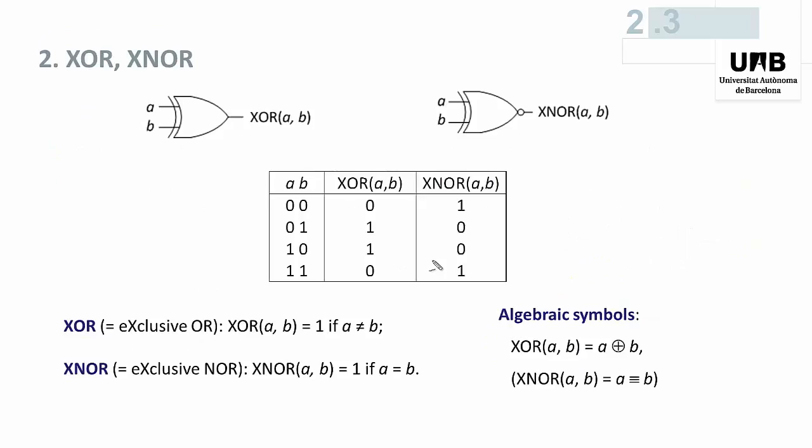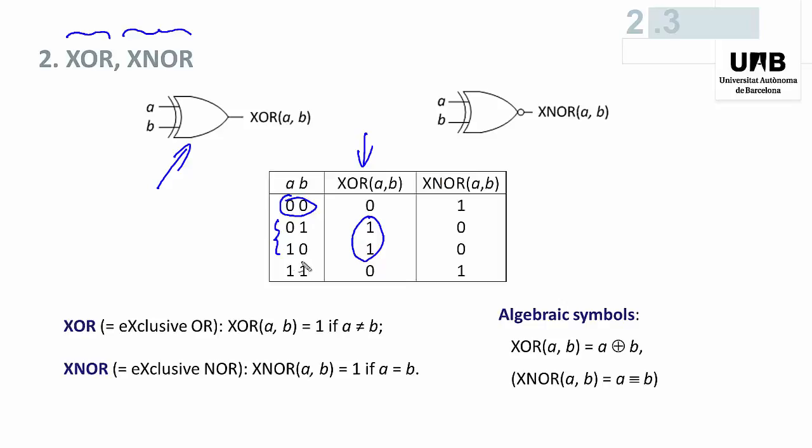A second type of gates are exclusive OR and exclusive NOR gates. An exclusive OR gate, an XOR gate, with this symbol is defined by this table. The XOR of A and B is a function equal to 1 when both inputs are different, when A is 0 and B is 1, or conversely, when A is 1 and B is 0.